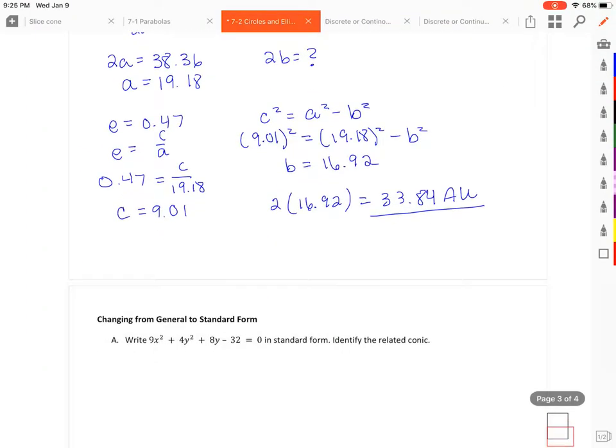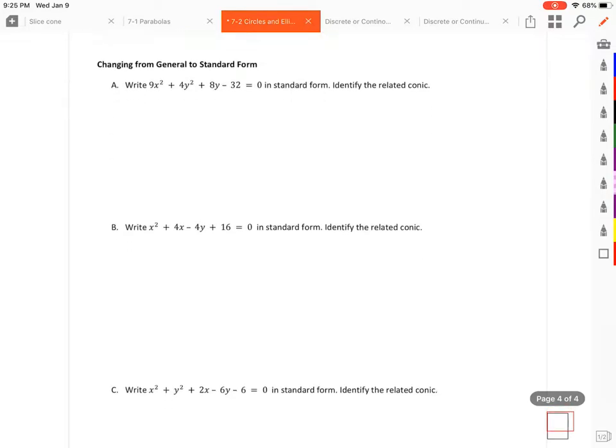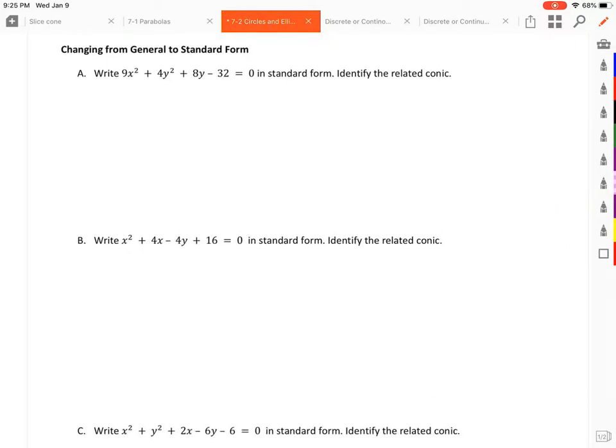Okay? All right. Now, I've already done some examples like this, but I want to do a couple of them and leave one for you to do on your own. Okay, so we're changing from general form to standard form. We've got 9x squared plus 4y squared plus 8y minus 32 equals 0. They want that in standard form, and then you need to identify the conic. I'm going to do it a little bit different.